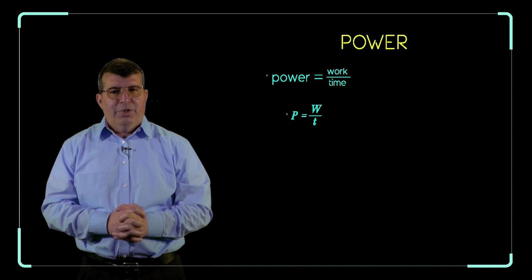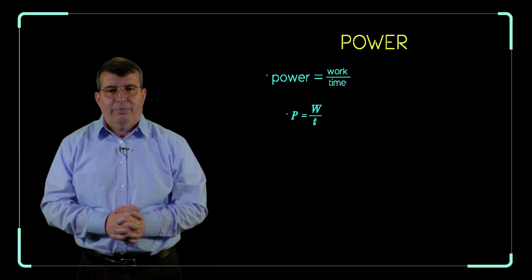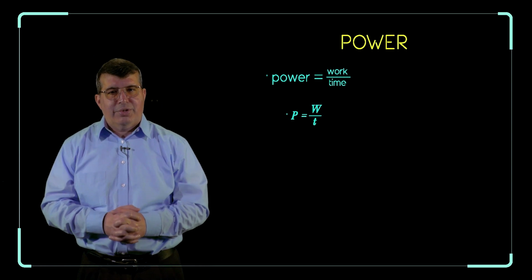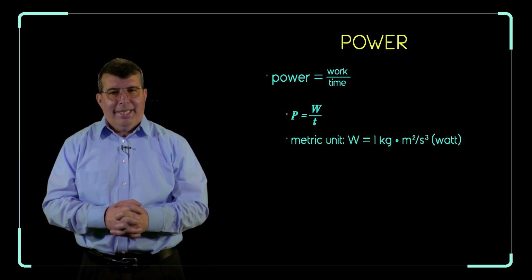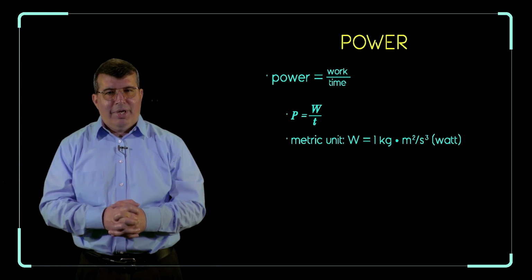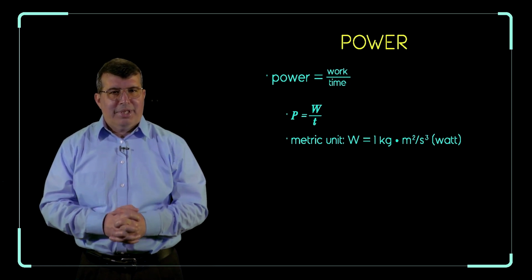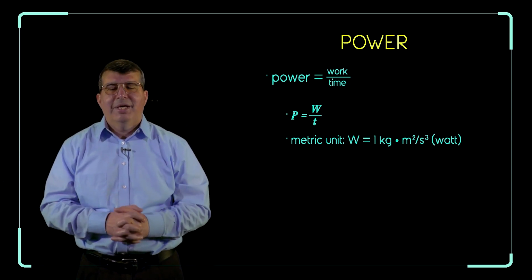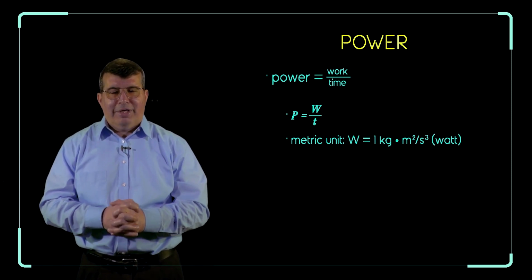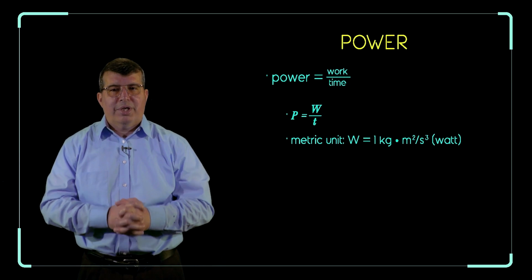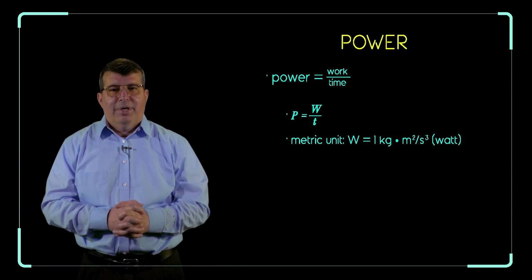What is the metric unit of power? Well, the metric unit of power actually gets its own name. It's the watt. So 1 watt is a kilogram meter squared per second cubed. Why is that? Well, let's take a look at our definition of power. Power is work done divided by time.